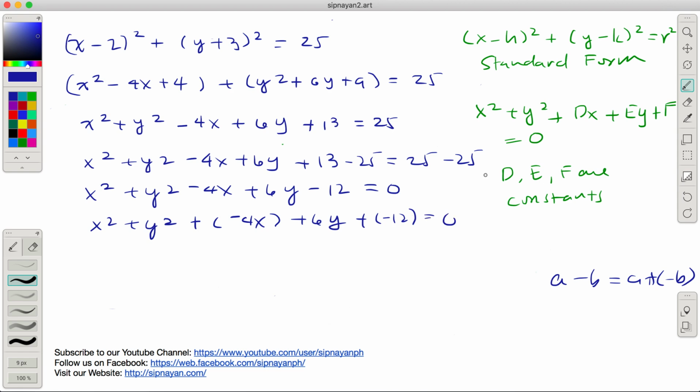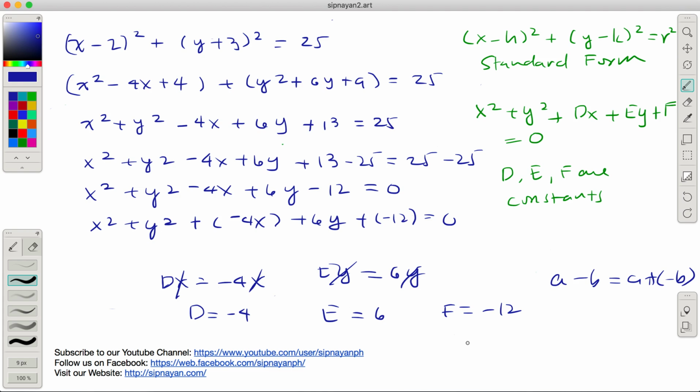Kaya natin siya i-plus para makita. So yung Dx natin, kitang-kita dito na negative 4x. So we can divide by x, which means that D is negative 4. Tapos yung Ey natin, positive naman, so walang problema. So this is 6y, which means that E is equal to 6. And lastly, yung F natin, plus F. F is negative 12.